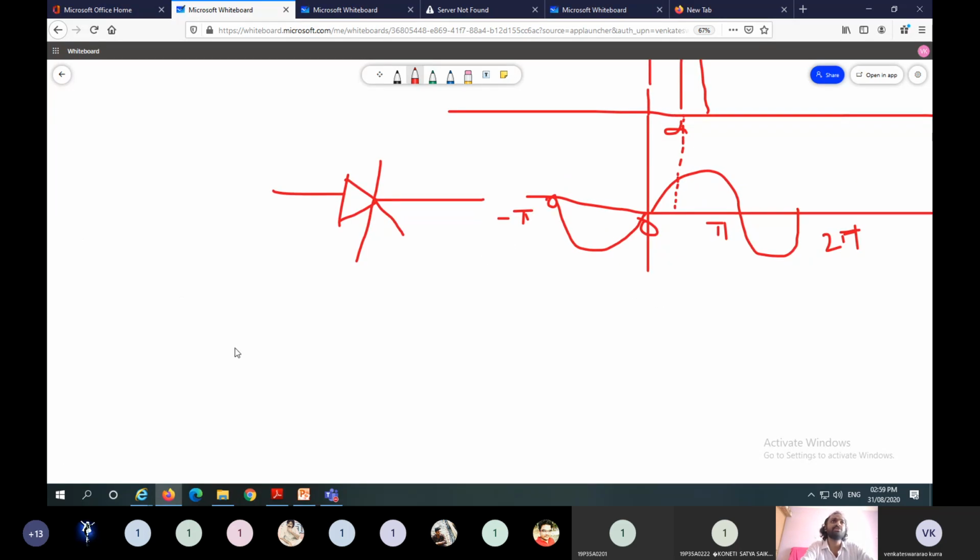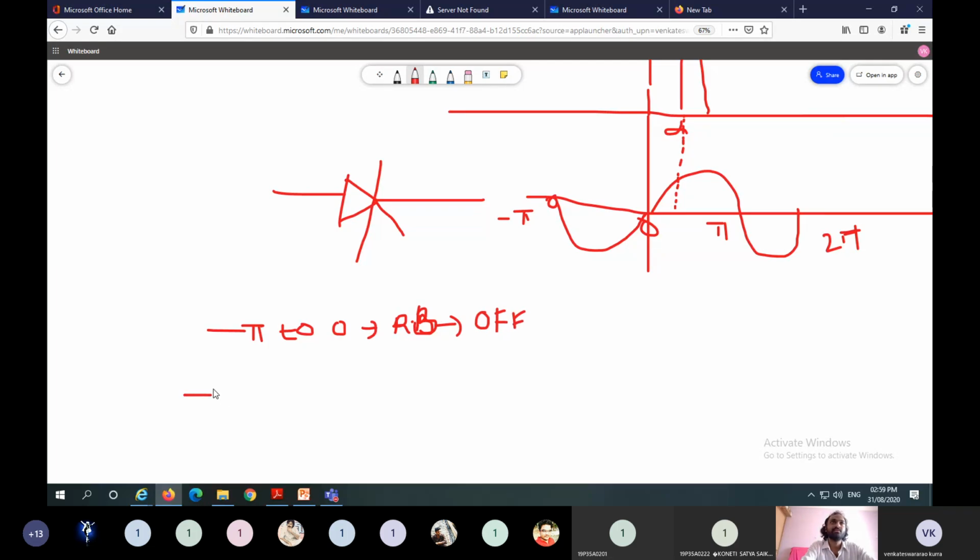So from minus 5 to 0, the SCR will be in reverse blocking mode. If it is in reverse blocking mode, it acts as an off switch.